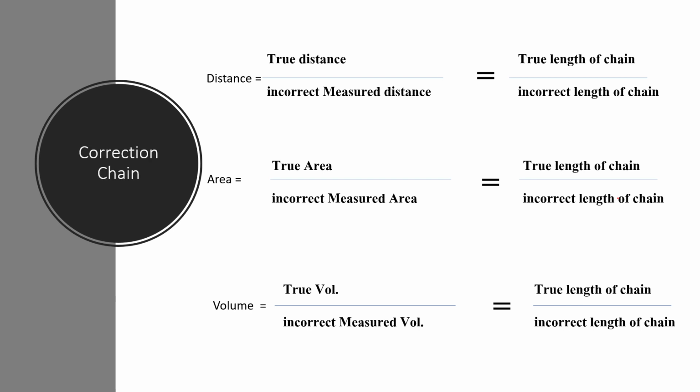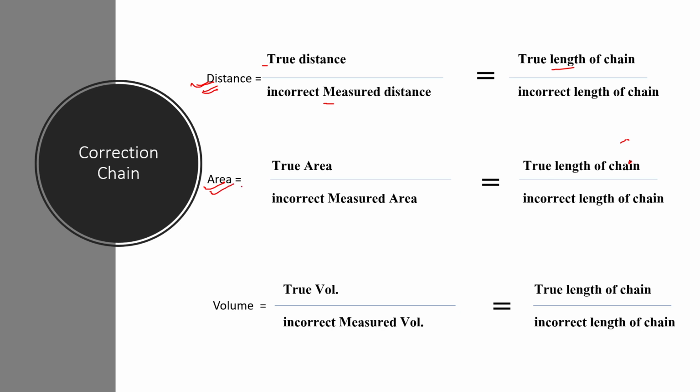So in the last problem we calculated the distance. For distance calculation we have used this formula: true distance divided by incorrect measured distance is equal to true length of chain divided by incorrect length of chain. It is the formula for distance correction.